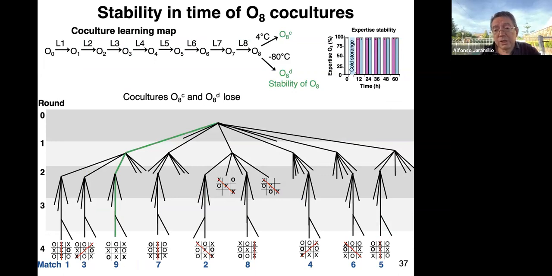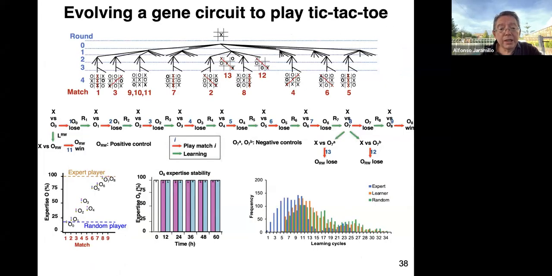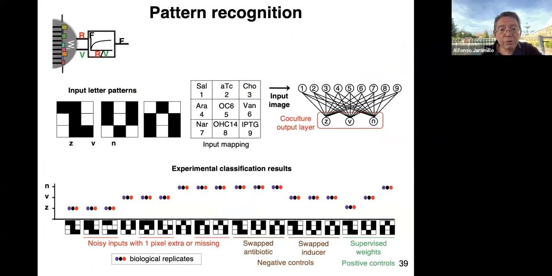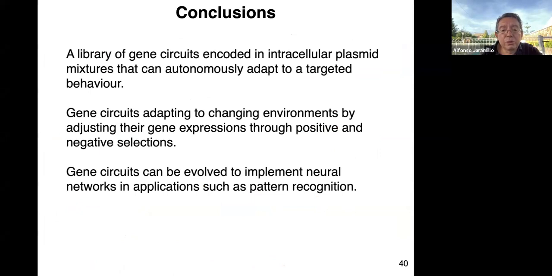We tested for 60 hours and several freezings at minus 80, and they could maintain it. This is more or less a summary of what we did. We also did some pattern recognition, but this is more for the future, so I'm not going to go into that.